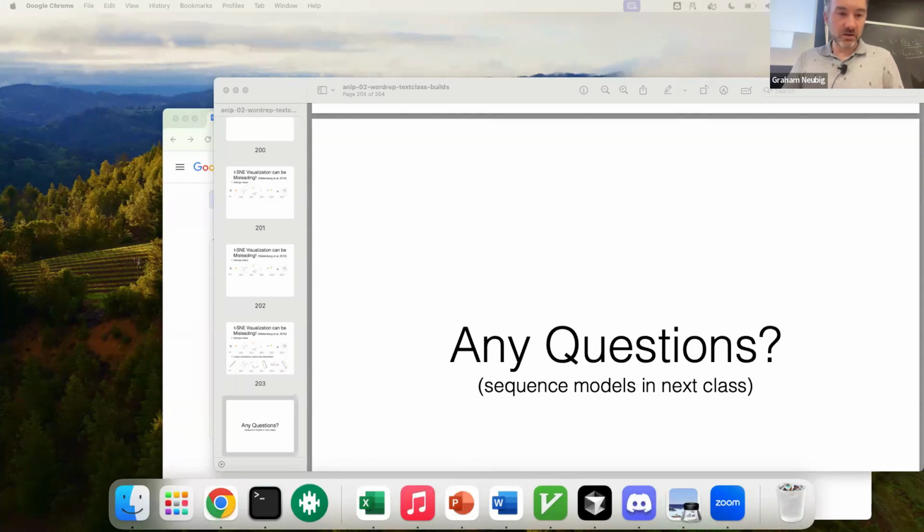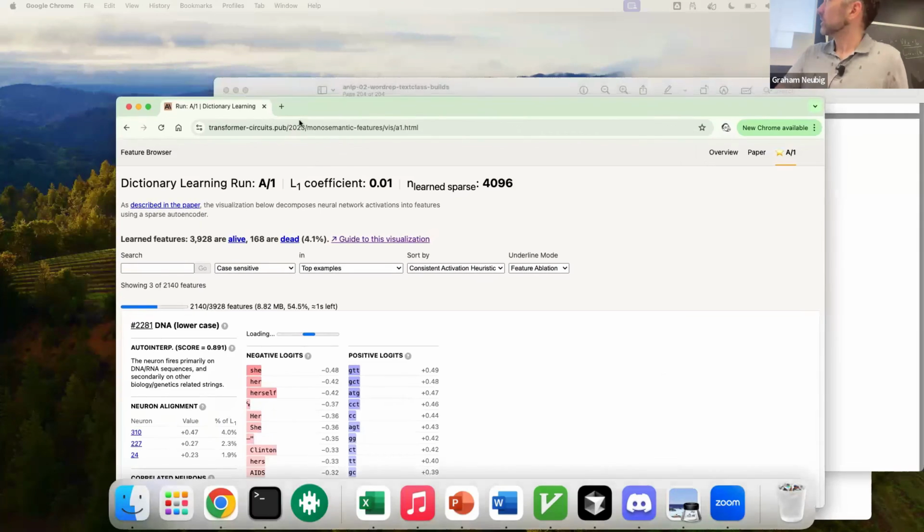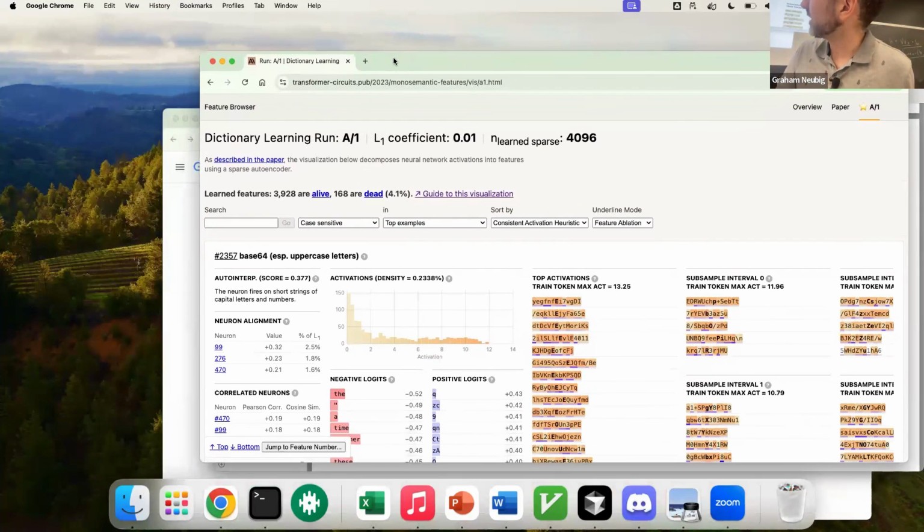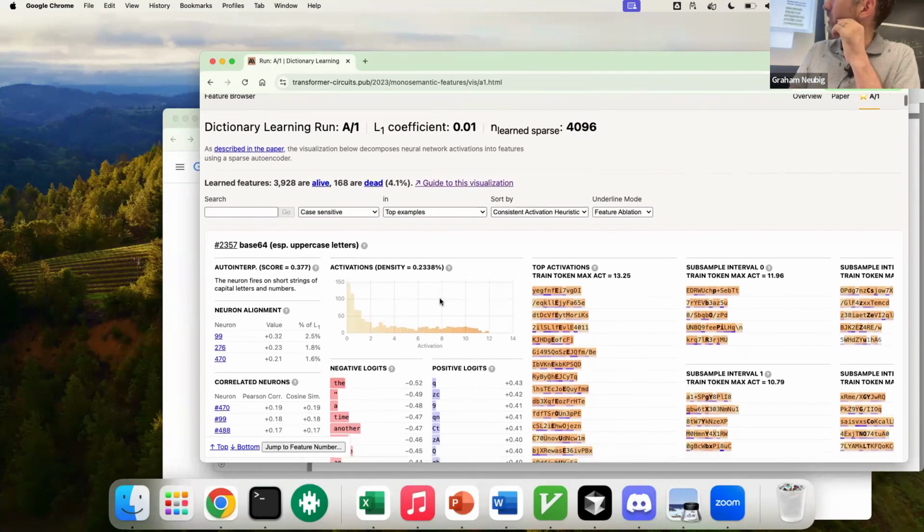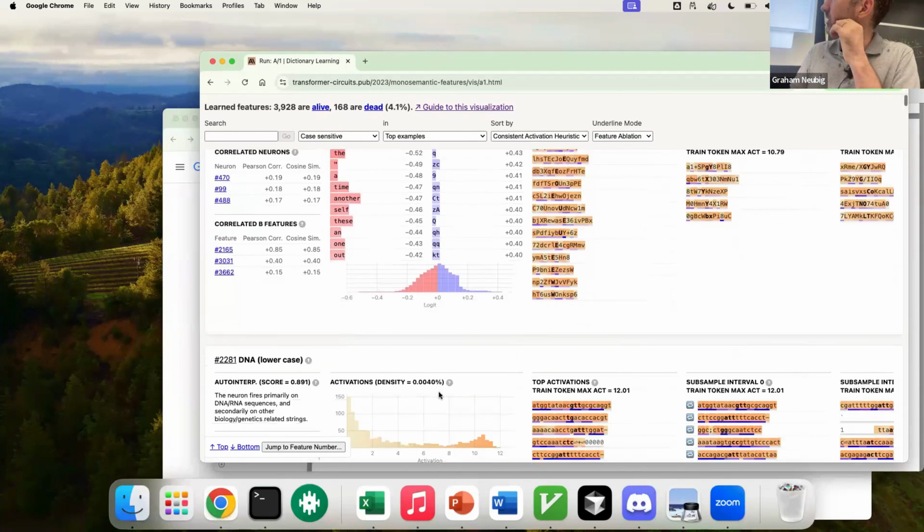This is an example of something that was created by Anthropic, the company that makes Claude, and basically they interpreted the features in their language model.